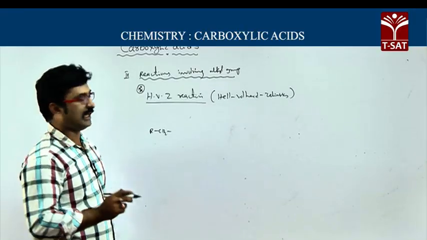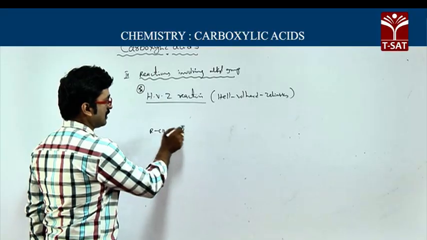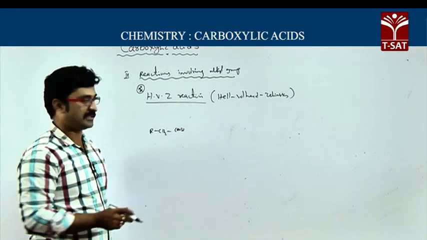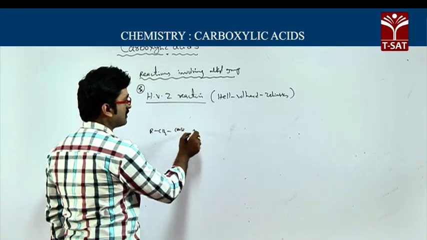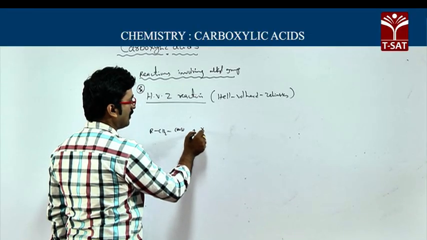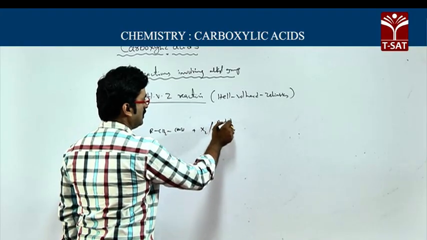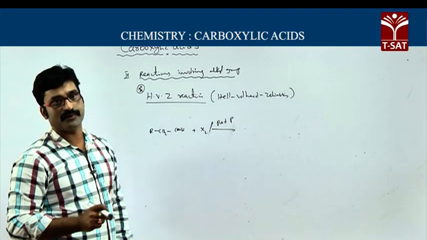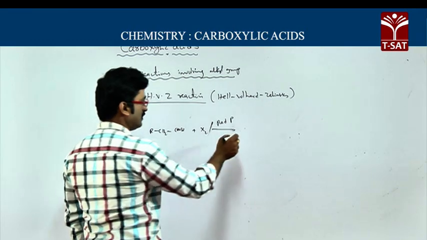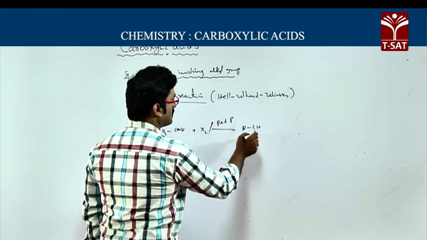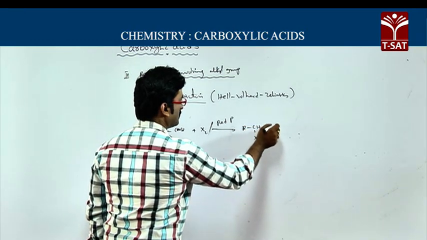Say this is a carboxylic acid having 2 alpha hydrogens. When it is allowed to react with halogen in the presence of red phosphorus, these alpha hydrogens will be replaced by halogens. So you will get RCHX and this is COOH.